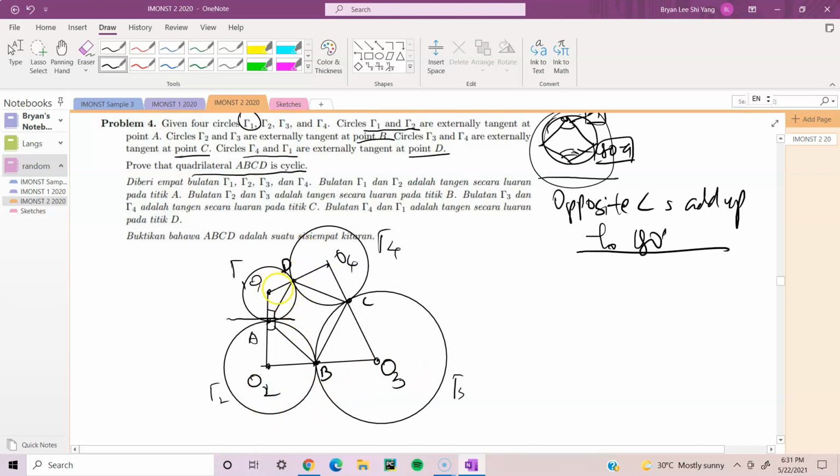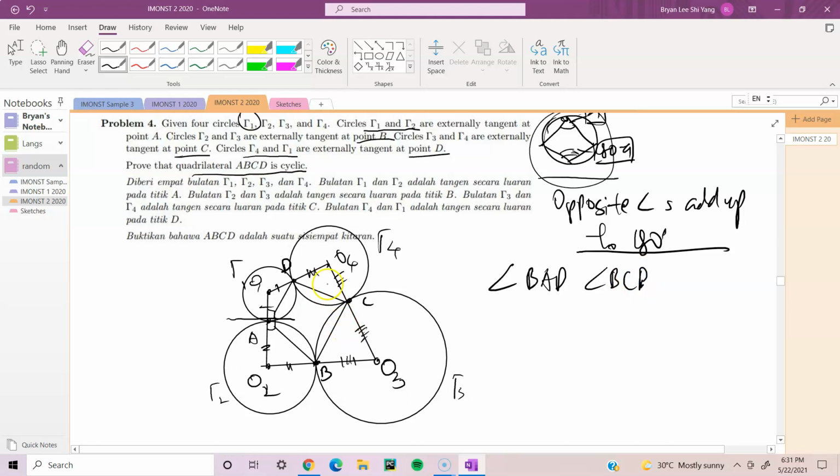Note that these are the radii, right? O2A is the same as O2B, and O3B is the same as O3C. Sorry, and O4C is the same as O4D. So we would have something like this. Now, let's take angles BAD and BCD to examine.